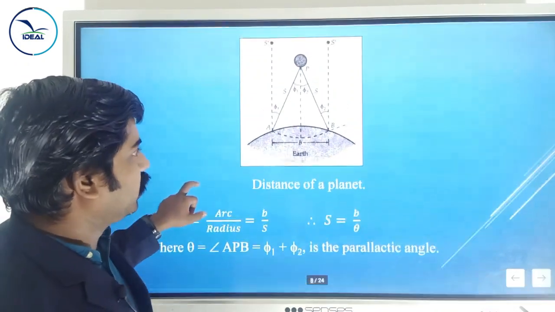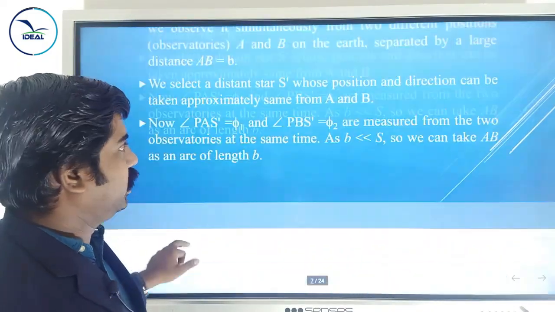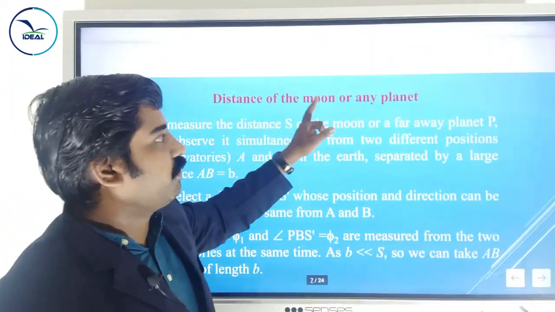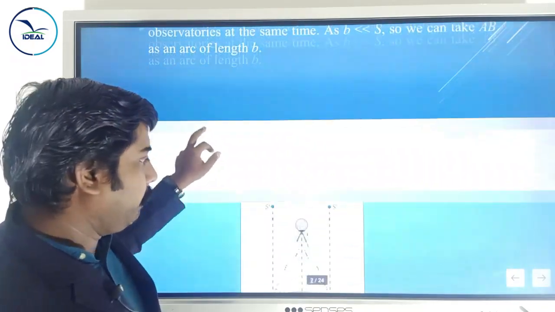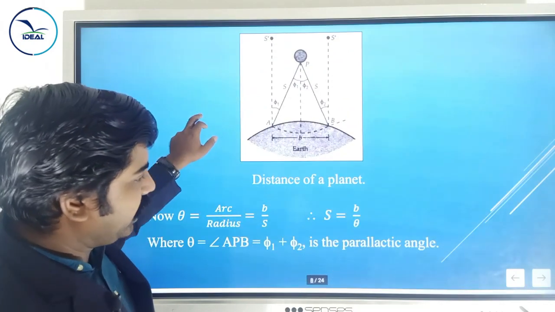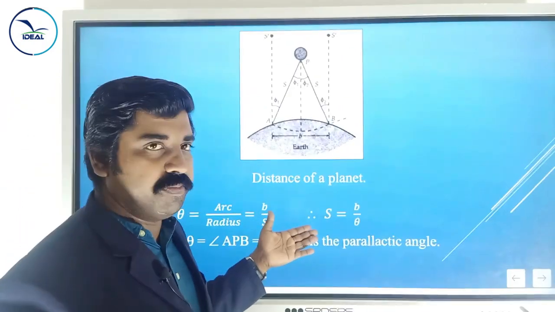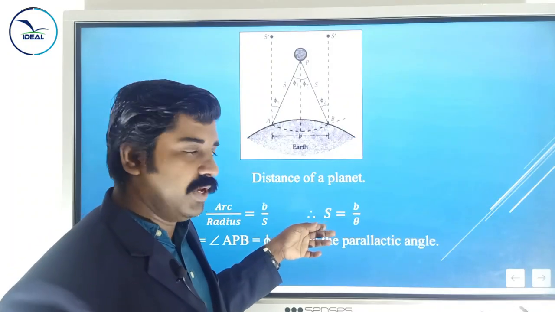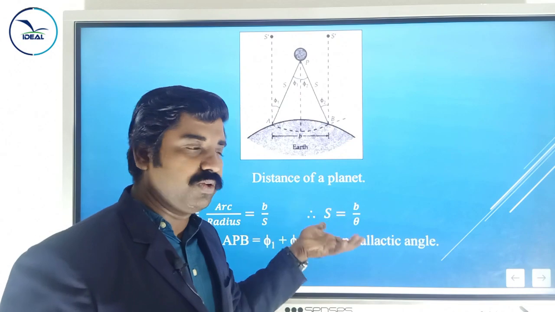So this is the method for finding the distance between two planets, or distance of the moon or any planets. We can use this method. Clear? The equation is S is equal to B by theta. Sometimes these variables may change. Instead of S we can use D, or instead of theta we can use alpha.